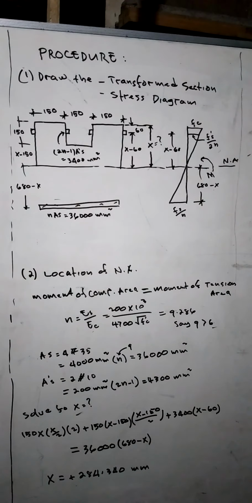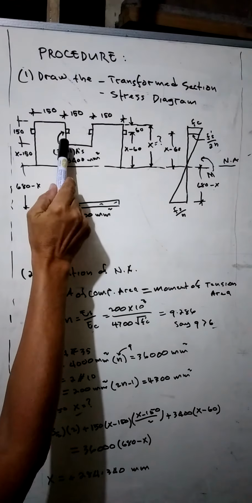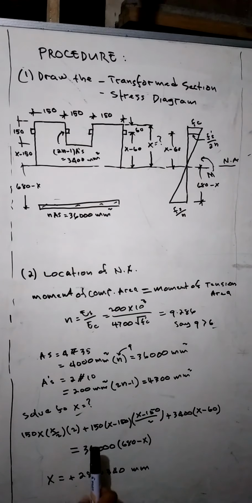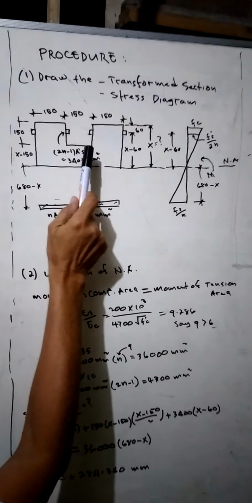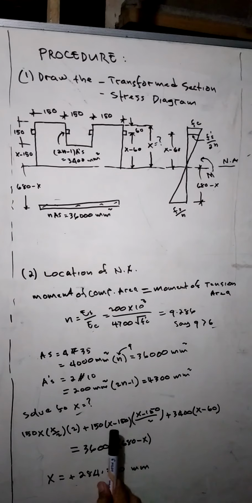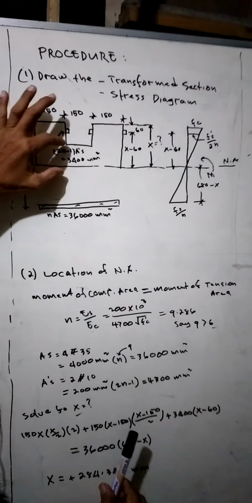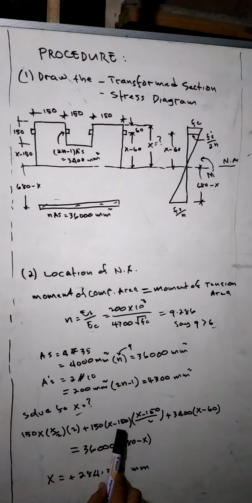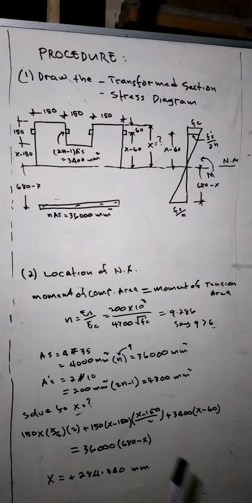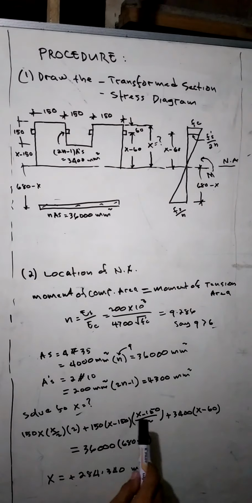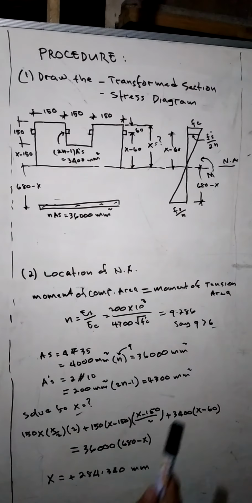Then again, plus the area of this rectangular, 150, the base, times the height. The height of this is x minus 150, times the distance of the center of gravity, x minus 150 divided by 2.